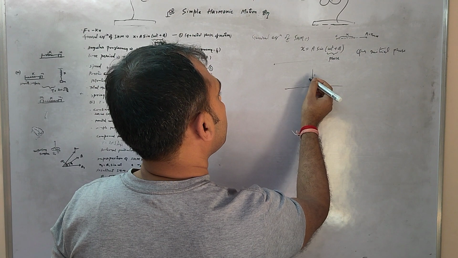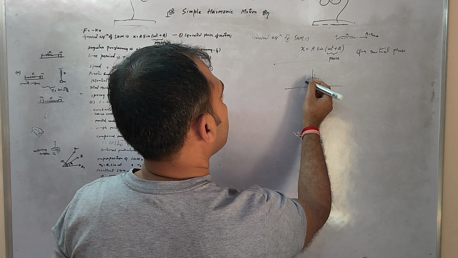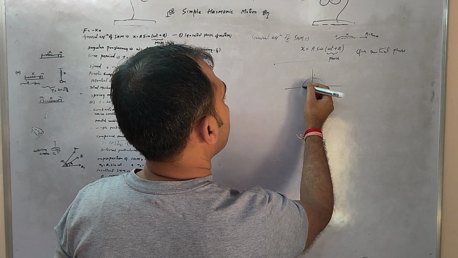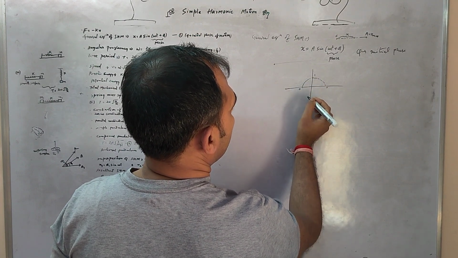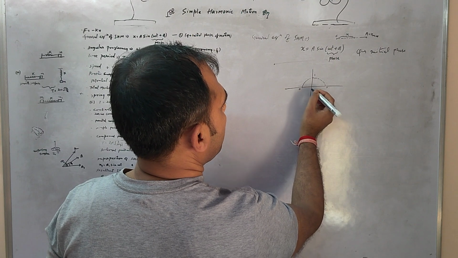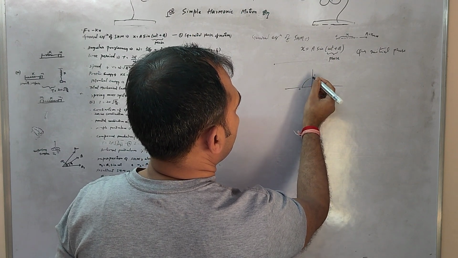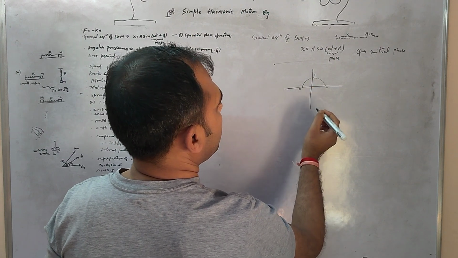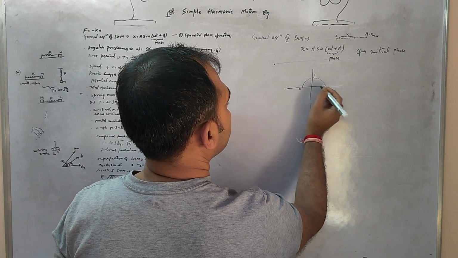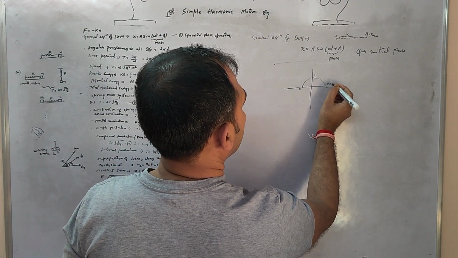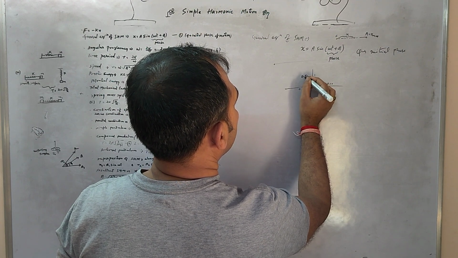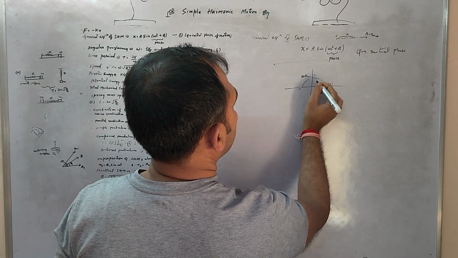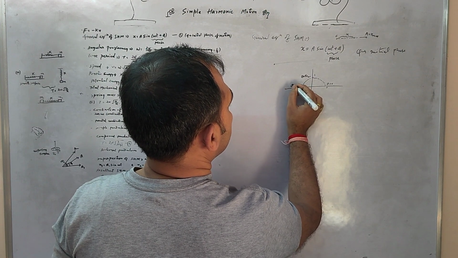Then it gradually starts decreasing and comes to 0 again, from 1 to 0. At pi, theta is equal to pi. Here theta is equal to 0, theta is equal to pi by 2, 1, and theta is equal to pi.